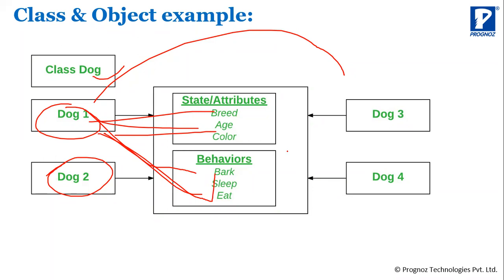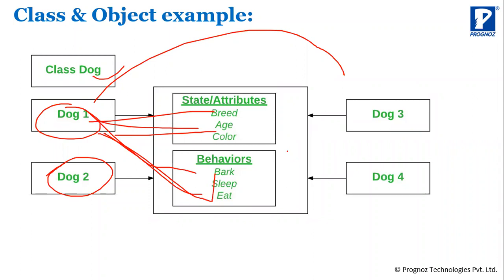One class can have many objects, and all objects share the common properties which are declared in the class. State and behavior are shared by each and every object of the class. Like you are one object and I am one object.